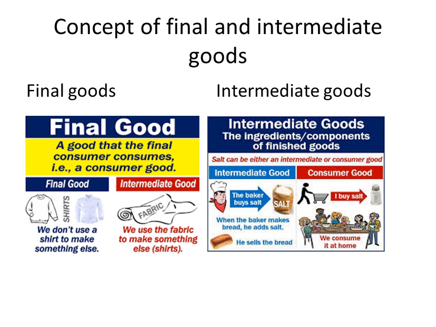Suppose that person has purchased that shirt to resell it, then that shirt will be an intermediate good only, and he resells it to a particular consumer. That consumer has purchased the shirt and is using it, so he is the ultimate consumer, and that shirt becomes the final good. So there are two types of goods we have seen, final goods and intermediate goods. Intermediate goods are the ingredients, the components of finished goods.